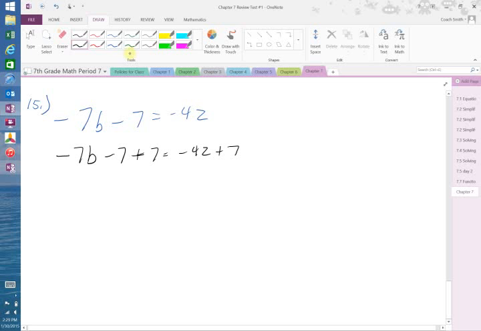Okay. Cancels here. It gives me negative 7b is equal to, what is negative 42 plus 7, Treston? Negative 42 plus 7.